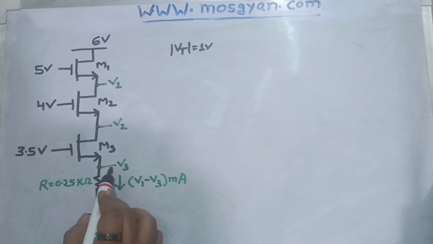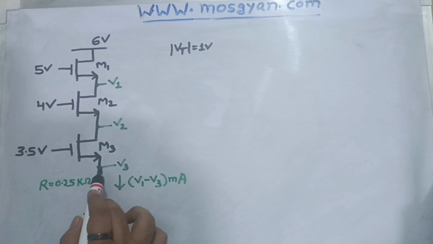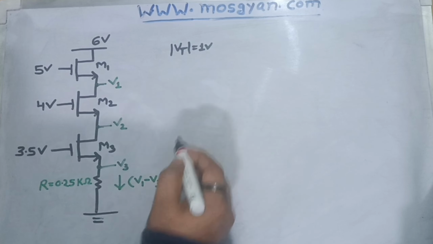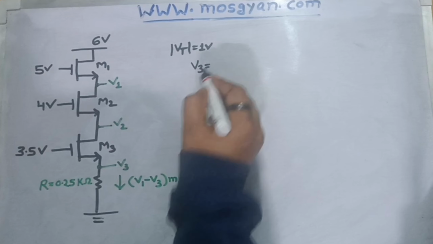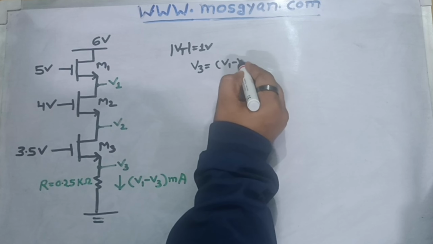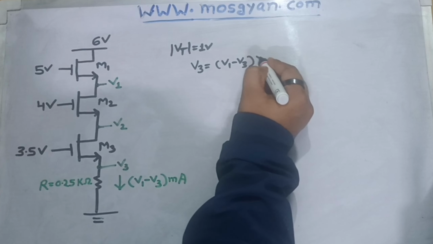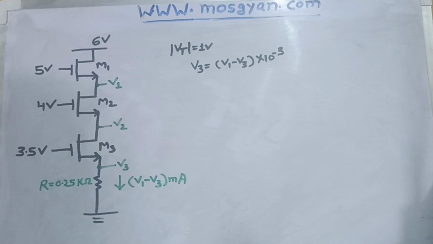But before that, let's start from the bottom part because here every information is given to us for this resistance, current and resistance value. So if I have to write the voltage equation for this resistor, I can simply write V3 is equal to IR. I is given to us as V1 minus V3 milliamps, so I can make it as 10 to the power minus 3 amps.